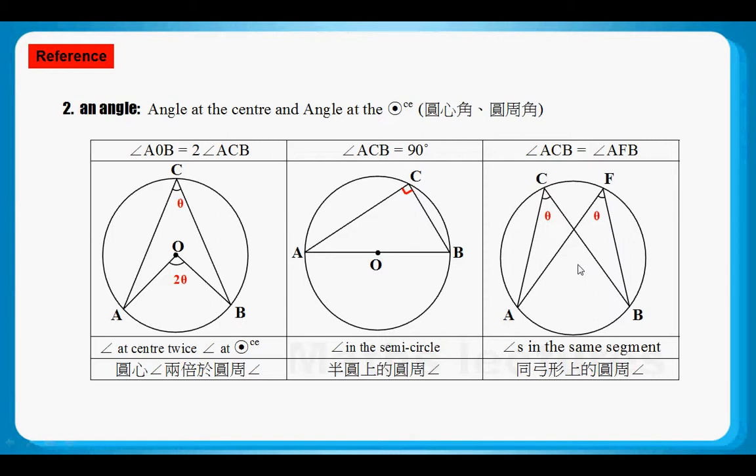It is the same with angle at the center and the angle at the circumference about angle F. So it is also theta. That means we have two angles that are equal, and we say that this is angles in the same segment. Okay, remember the most important point in this case is also A and B because each point should shoot two chords out.